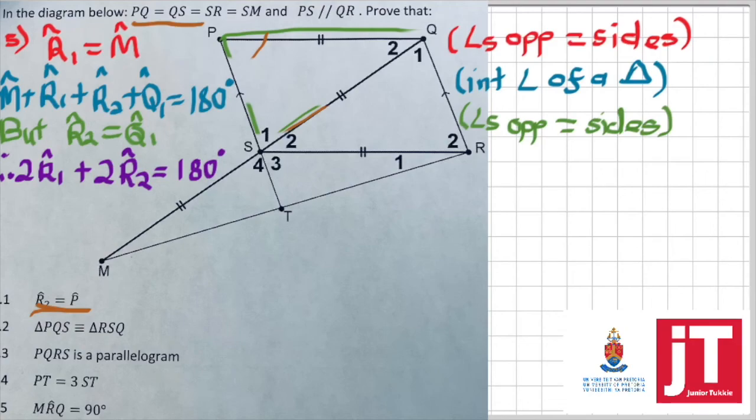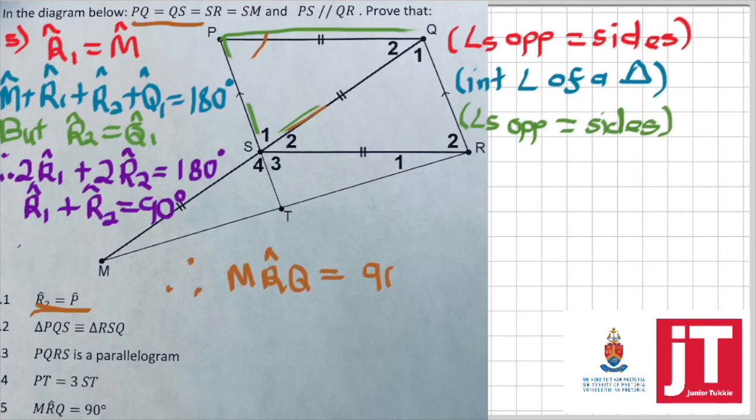If I divide that equation by 2, the resulting equation would be R1 plus R2 is equal to 90 degrees. And therefore, I can make a conclusion to say, therefore, MRQ has to be equal to 90 degrees.